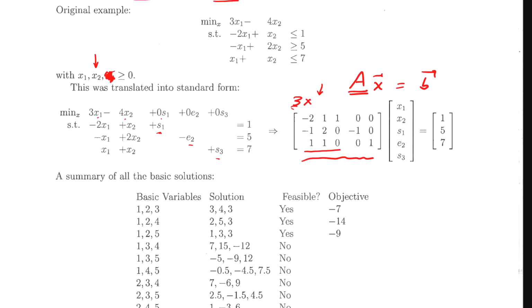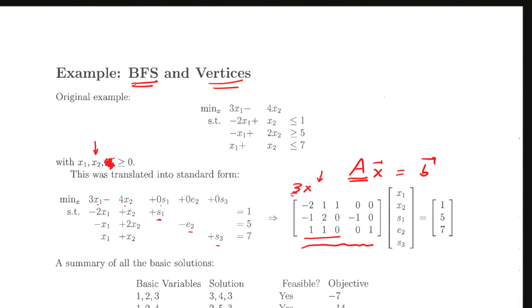Then we looked at this a little bit before. Our solution then is 3, 4, 3. And because the solution has all values greater than or equal to 0, we're going to say that this solution is feasible. And so the objective function is just -7.